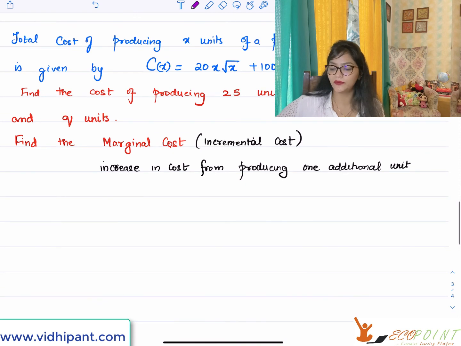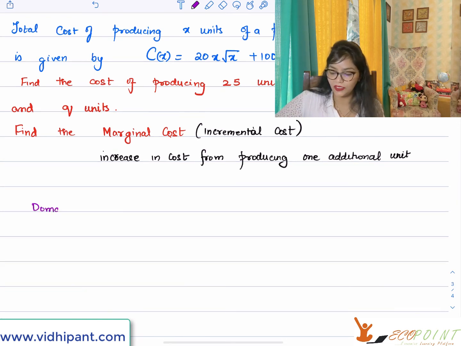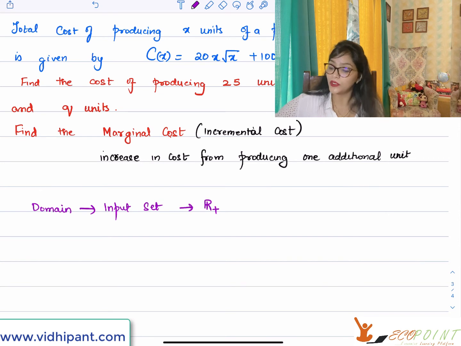See, because if you're producing, you will never produce negative units, right? So your input is only positive, and clearly C of x is a valid function because for every input in the domain set, domain is your input set, and clearly in this case it will be R plus. Now what is R plus?